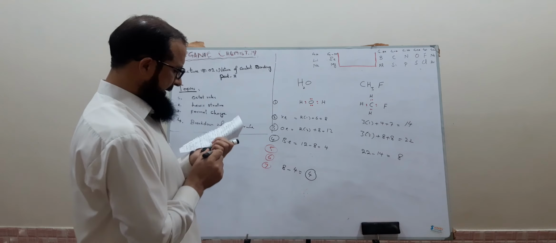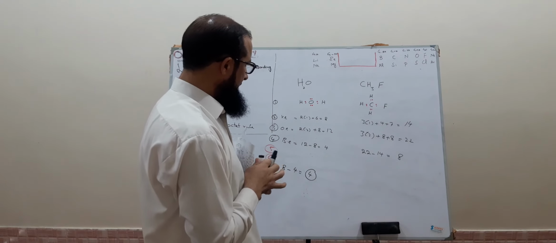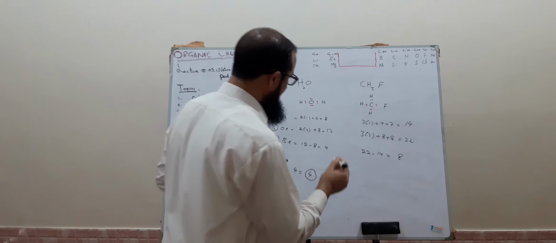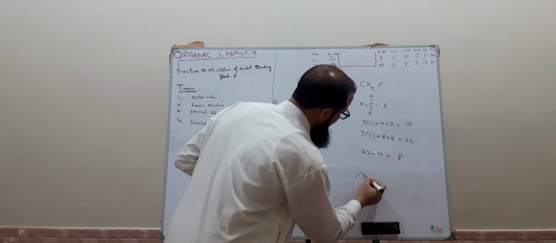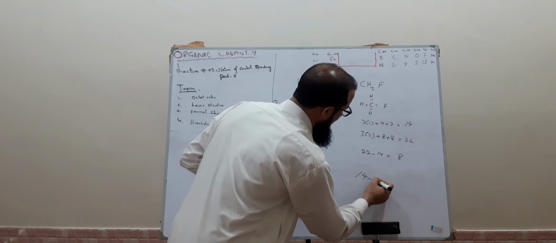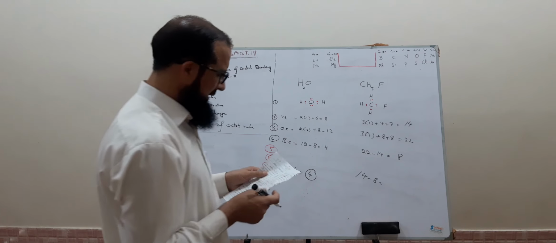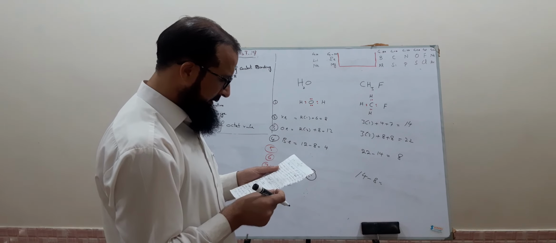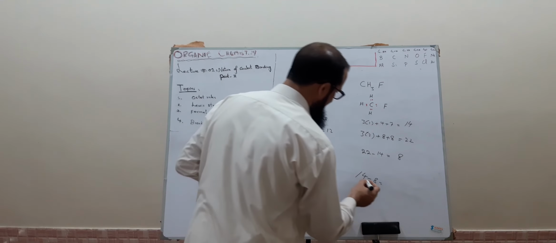Okay. Now in this situation, we have 14 valence electrons and 8 bonding electrons. So how many lone pairs are there? You can say 6.